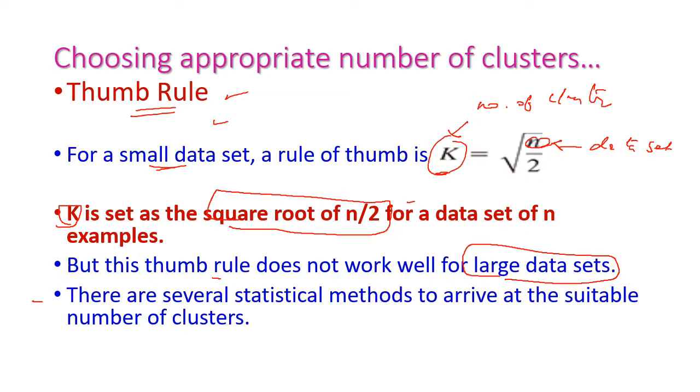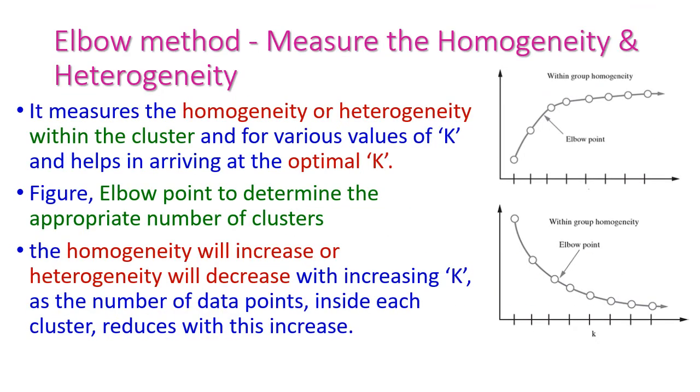And there are several statistical methods to arrive at the suitable number of clusters. By using some other methods also, we can identify the suitable number of clusters for the given data set, right? Next, let us see the elbow method, which is used to measure the homogeneity and heterogeneity within the cluster, for various values of k.